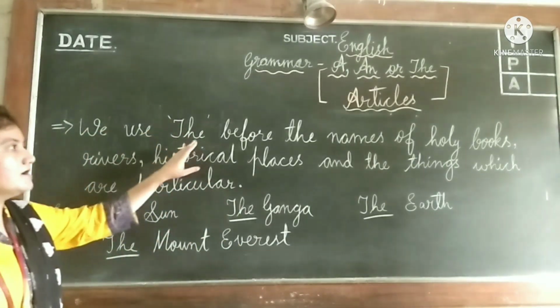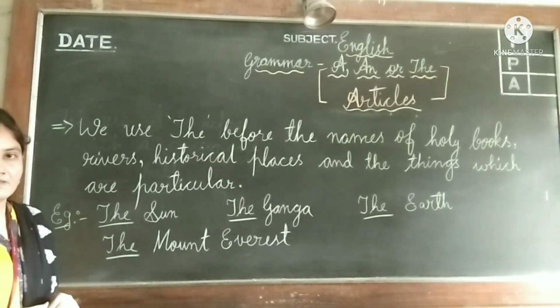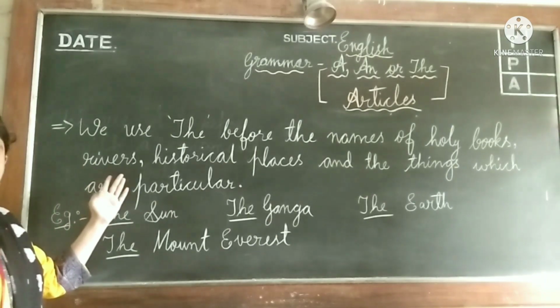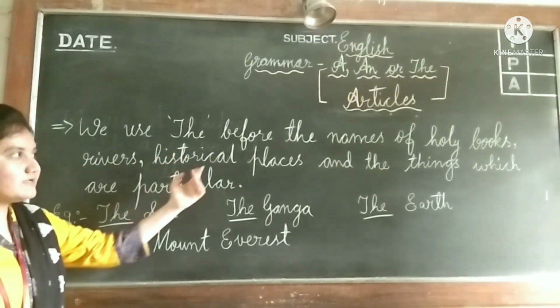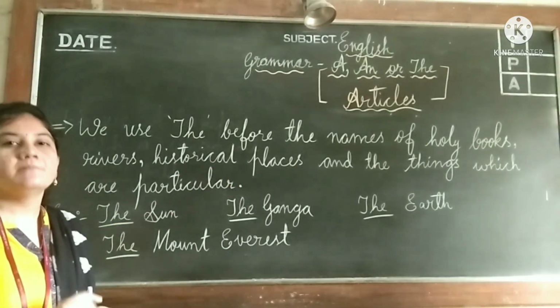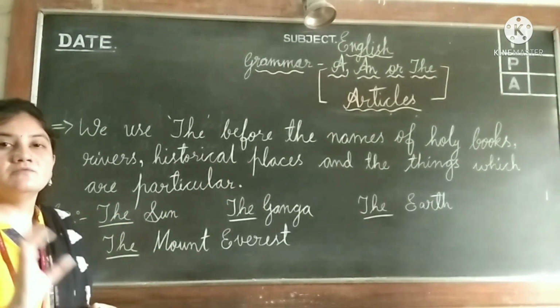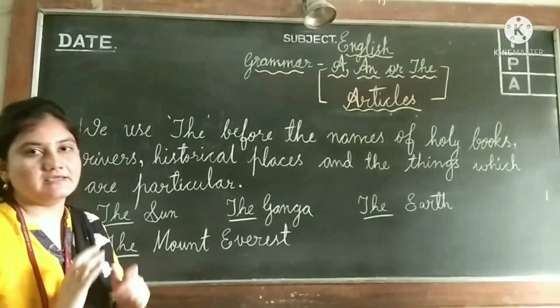We use the before the names of holy books, then rivers, historical places names, and the things which will be particular, meaning which will have a particular name for the thing here.